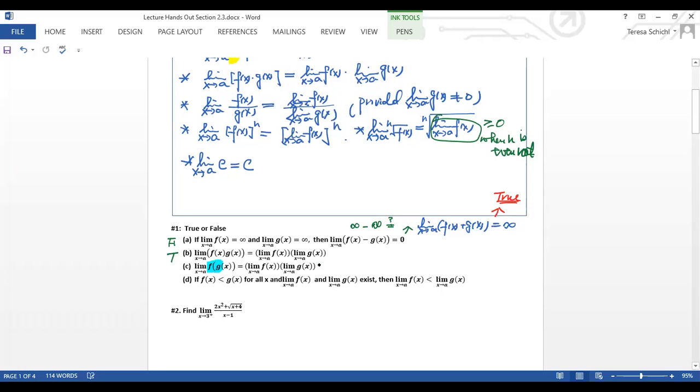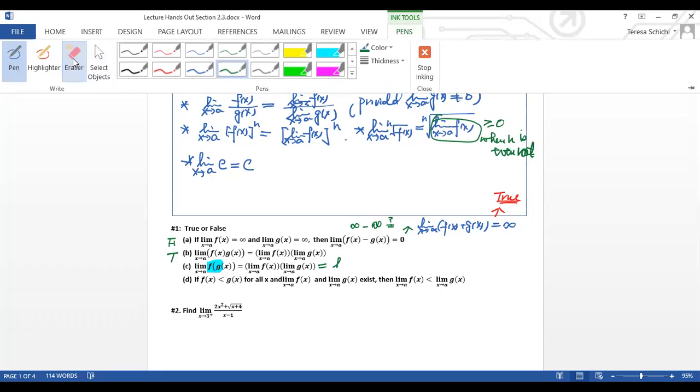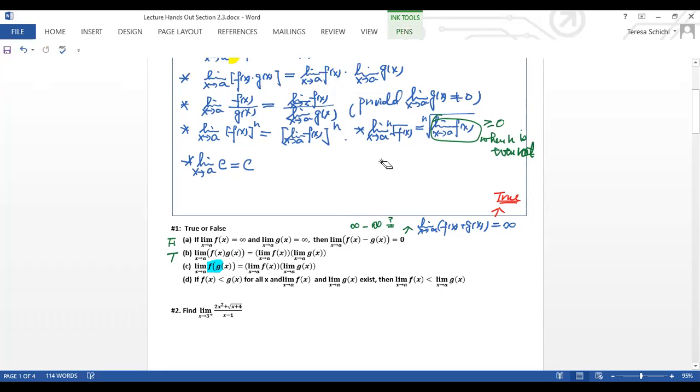So this will be equal to the limit, so this is the correct answer. Let me put it here, the correct way to write it.